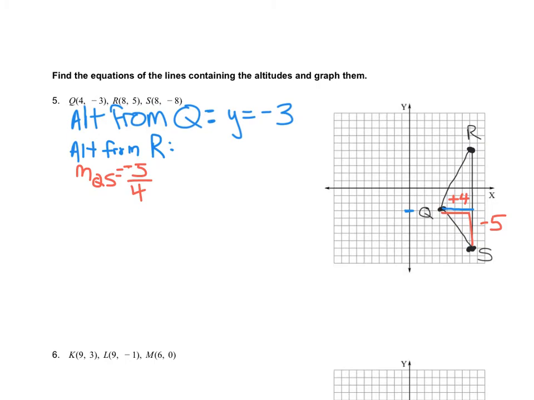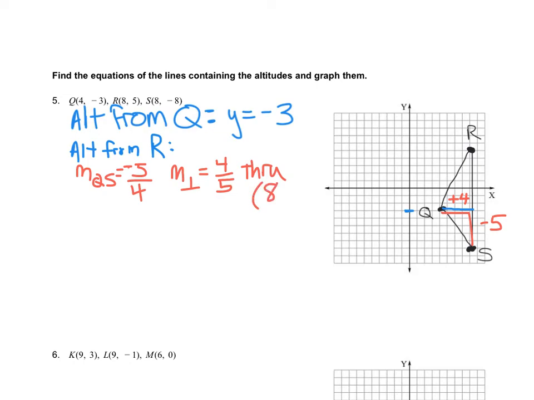So therefore, the slope of the altitude from R would be the slope of the perpendicular, and that would be the opposite reciprocal, or +4/5.